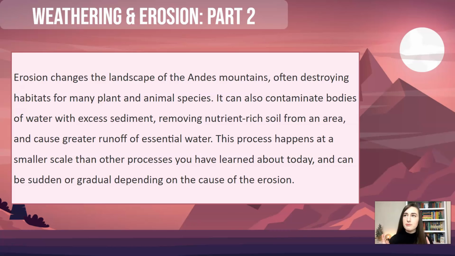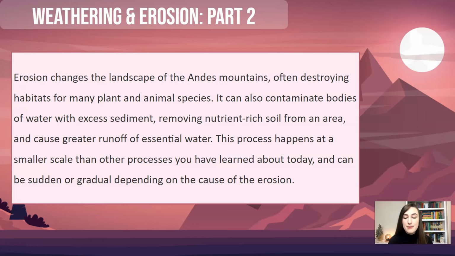Make sure to connect with the picture and what we're reading, and you should be taking notes as I read. Erosion changes the landscape of the Andes Mountains, often destroying habitats for many plant and animal species. It can also contaminate bodies of water with excess sediment, removing nutrient-rich soil from an area, and cause greater runoff of essential water.